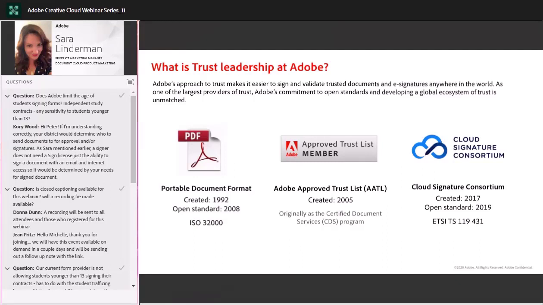We did this with the Certified Document Service, which is now known as the Adobe Approved Trust List in 2005. And as of 2019, we implemented the Cloud Signature Consortium open standard for creating really highly secure, trusted cloud signatures with Adobe Sign. This is an especially important point because we have this history of leading with trust.